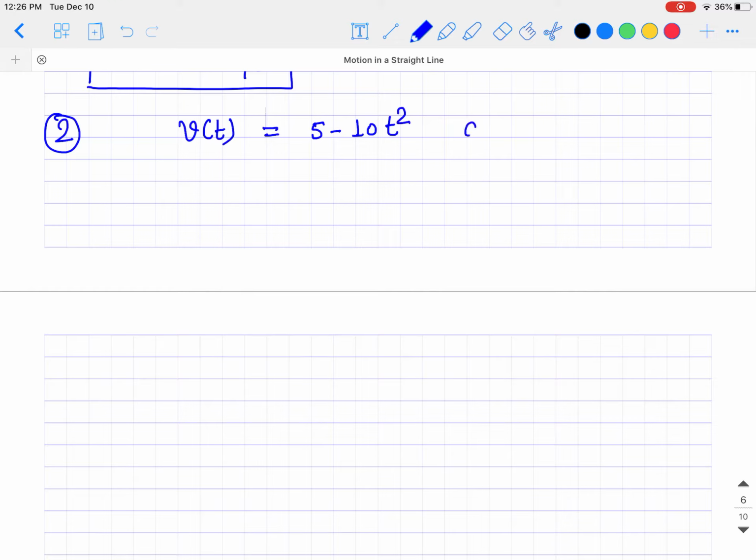Now we're going to find the average acceleration and the instantaneous acceleration at time equals 2 seconds and time equals 5 seconds. Between these two time intervals, we're going to find the average acceleration.